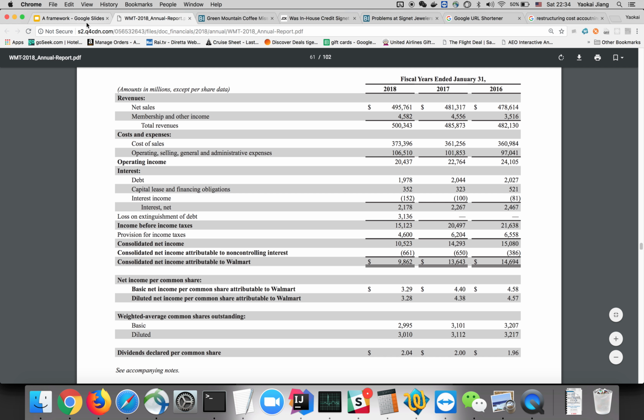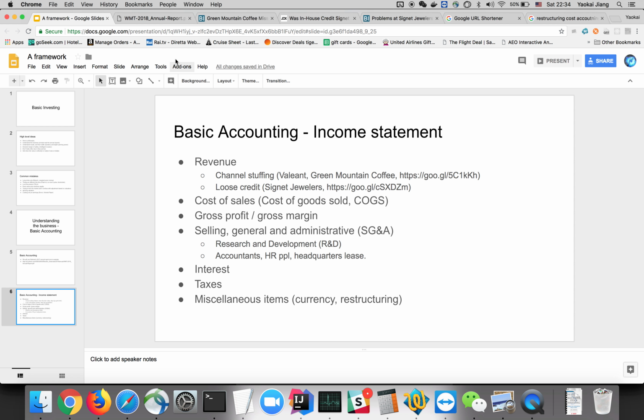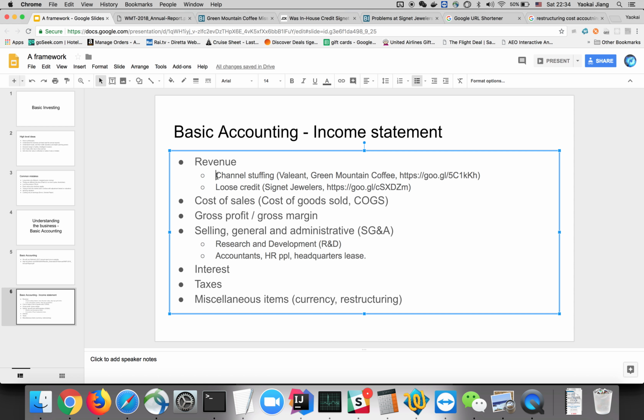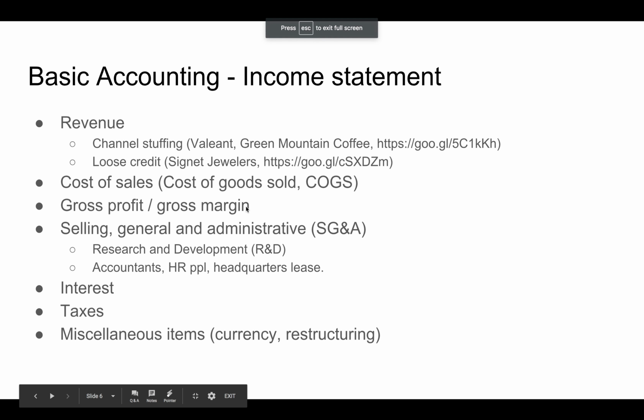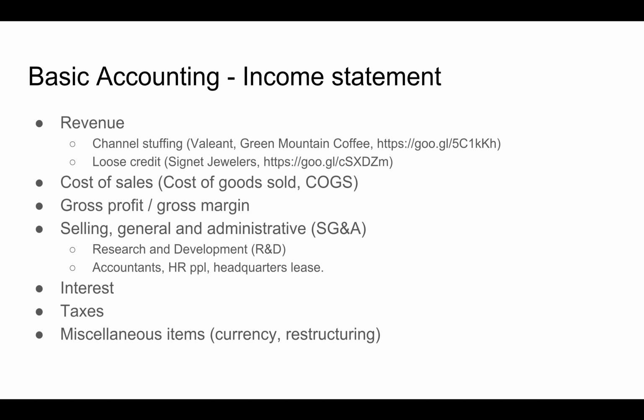So yeah, that's revenue, and then things we have to pay attention to in revenue is channel stuffing. If you think about it, if you have business-to-business sales, typically they have a payment term.